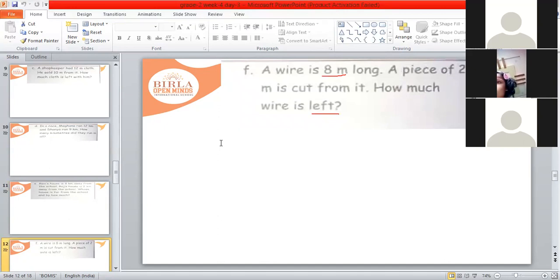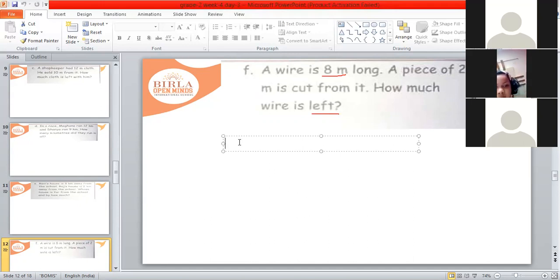Again, this word "left" is there, so we'll do subtraction. We'll start writing the statement from the 8 meters wire. 2 meters is cut. Now they are asking how much wire is left.